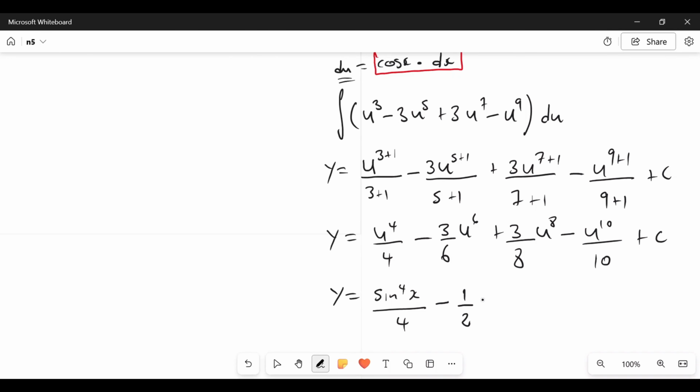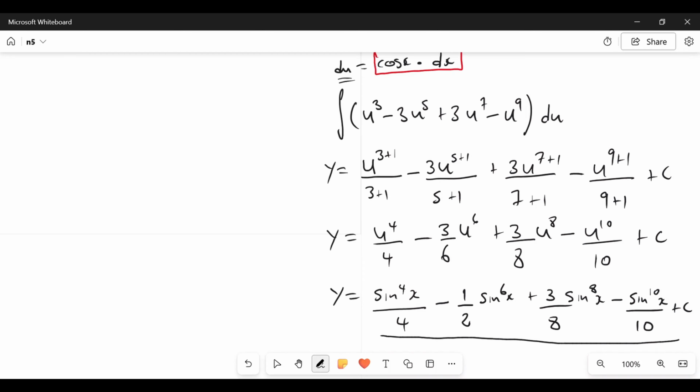And then u to the power of 6, that is sine to the power of 6 x. There we go. Plus 3 divided by 8. And then we have u to the power of 8. That is going to be sine to the power of 8 x. And then the last one here, we have u to the power of 10. That is going to be sine to the power of 10 x divided by 10 plus c.